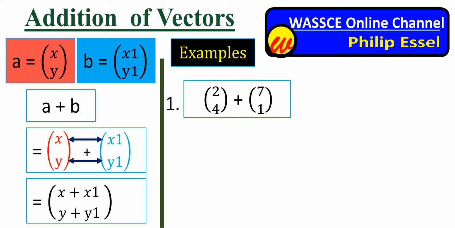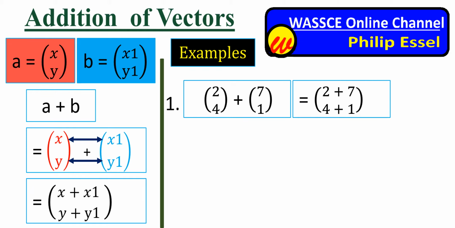Example 1. We have been given the vector 2, 4, and we are adding it to the vector 7, 1. So all we're going to do is add the two x components of the vectors together. Then when we are done, we will also add the y components of the vectors together. The 2 plus the 7 would give us 9, and the 4 plus the 1 would give us 5.